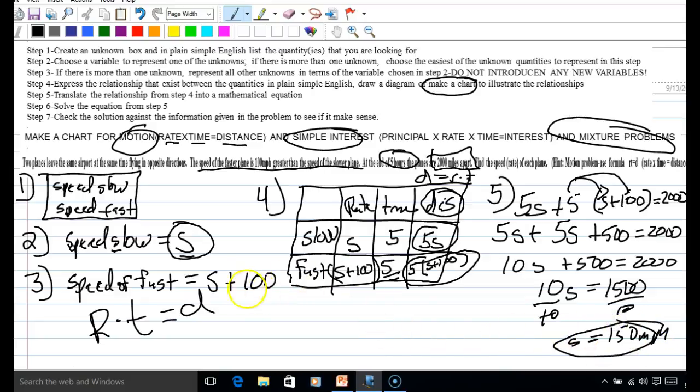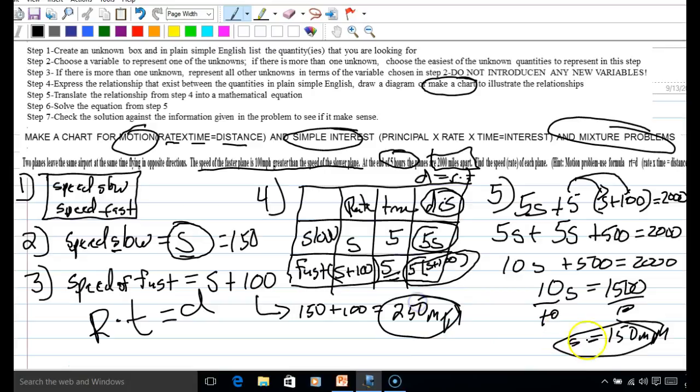So again, s you have defined precisely to be the speed of the slower plane. So the speed of the faster plane would be s plus 100, which would be 150 plus 100, which is equal to 250 miles per hour.